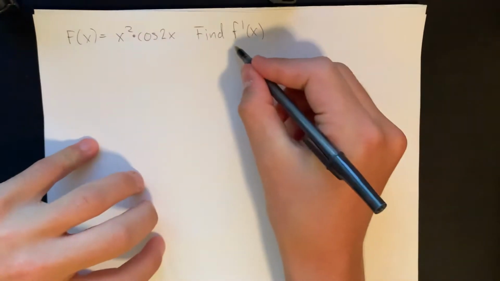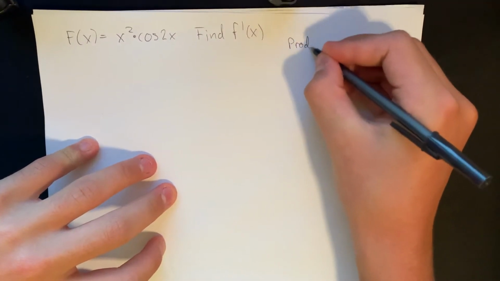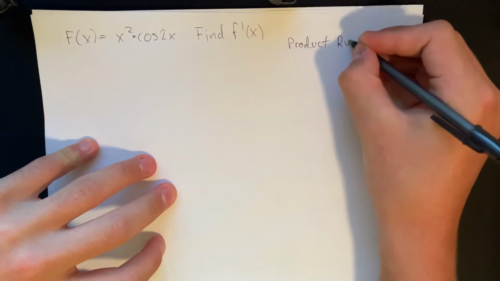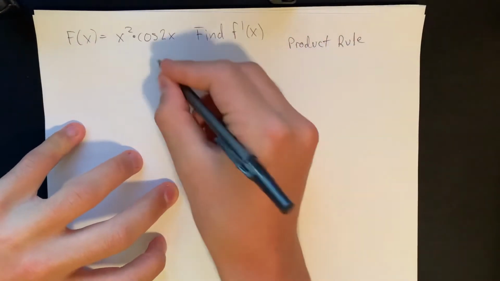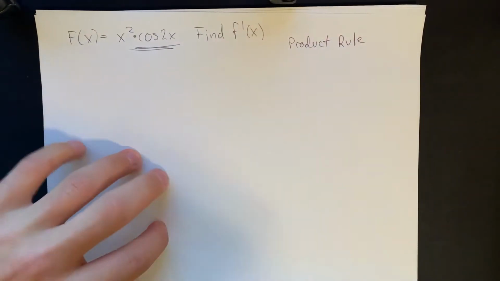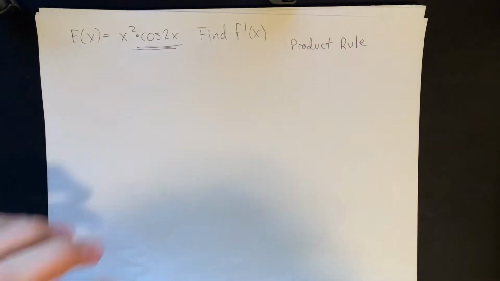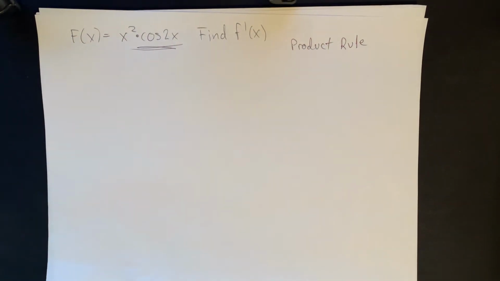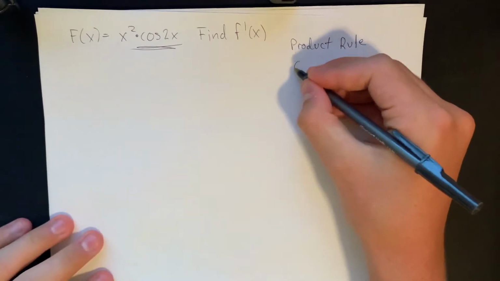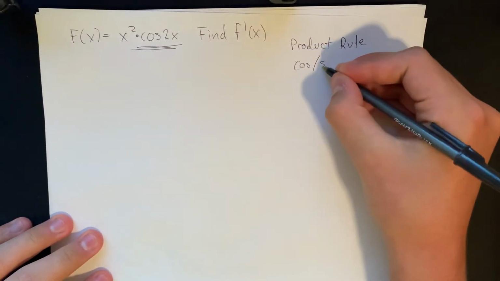This one will be using the product rule. And I'll also be using some of the cosine and tangent rules that we need in order to figure it out. So cosine, tangent, cosine, sine.